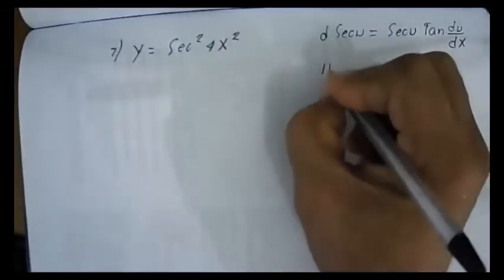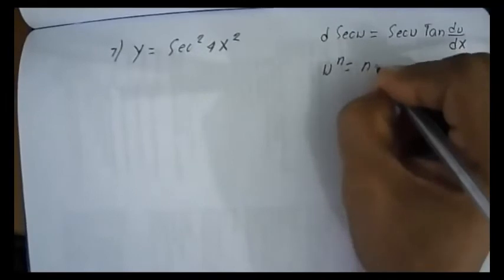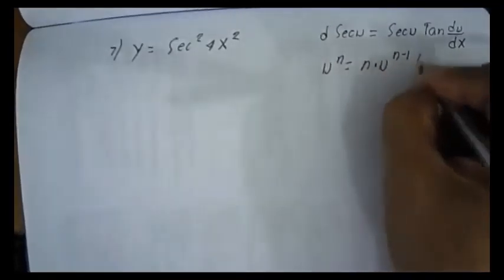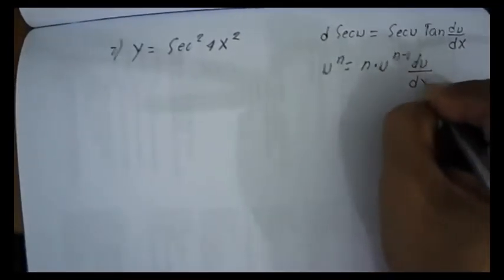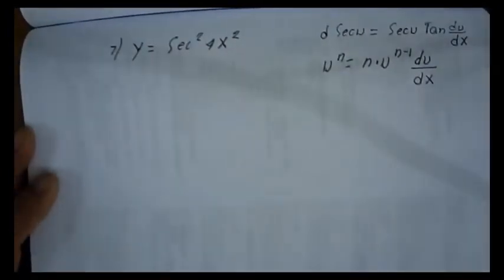So, gamitin natin din also yung formula ng u raised to n is equal to n u raised to n minus 1 du all over dx. Okay?